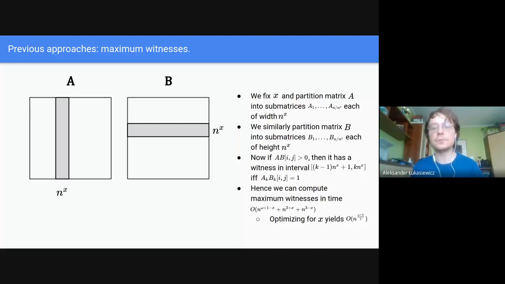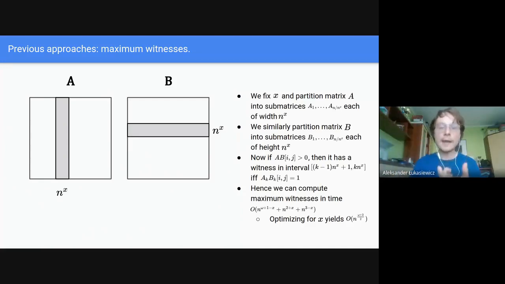So if we know that in the resulting matrix the ijth entry is non-zero, and we want to compute a maximum witness for it, the only thing we need to do is first find the rightmost vertical stripe that gives us a non-zero entry in the multiplication with the corresponding horizontal stripe.